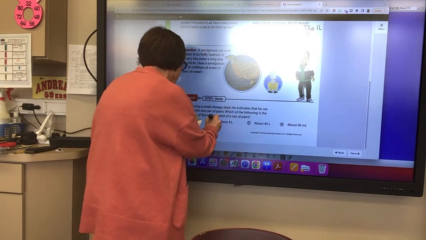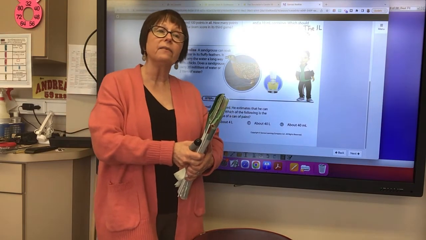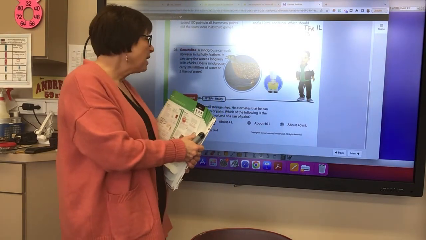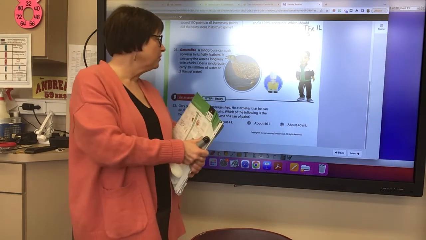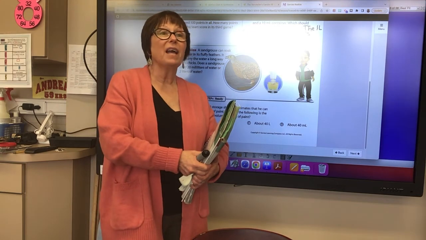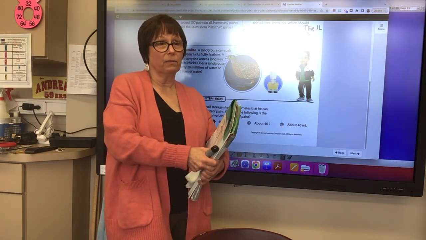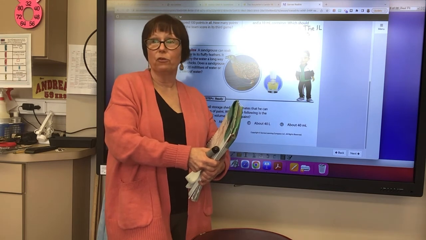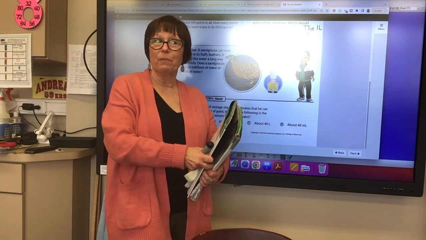That's right. 4 milliliters, that's not enough, right? About 40 liters, well, that would be way too much. And about 40 milliliters, there would hardly be any paint. You'd hardly be able to paint a dollhouse shed with that much. So that would be the best estimate, boys and girls.